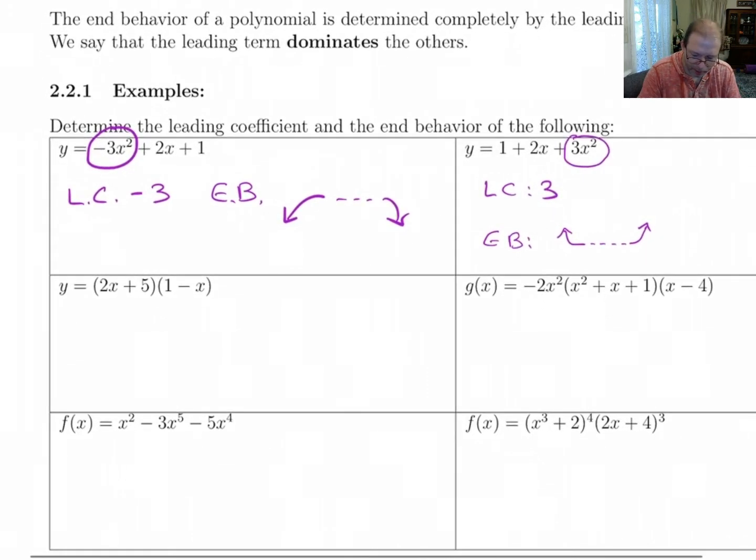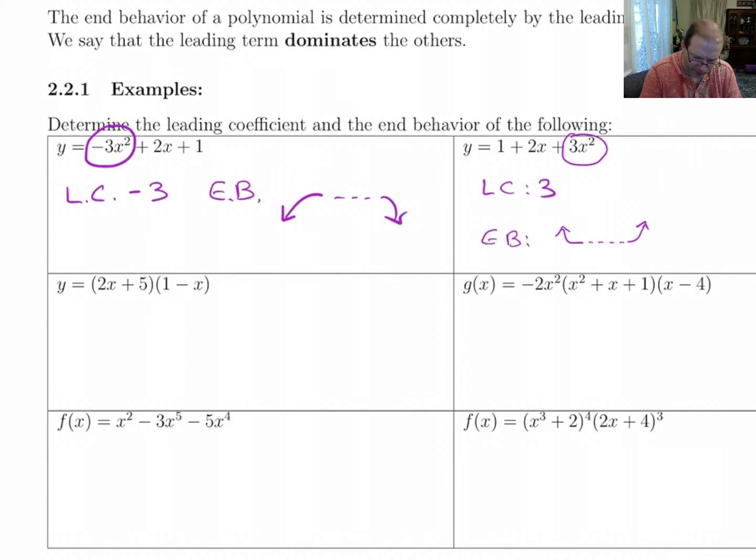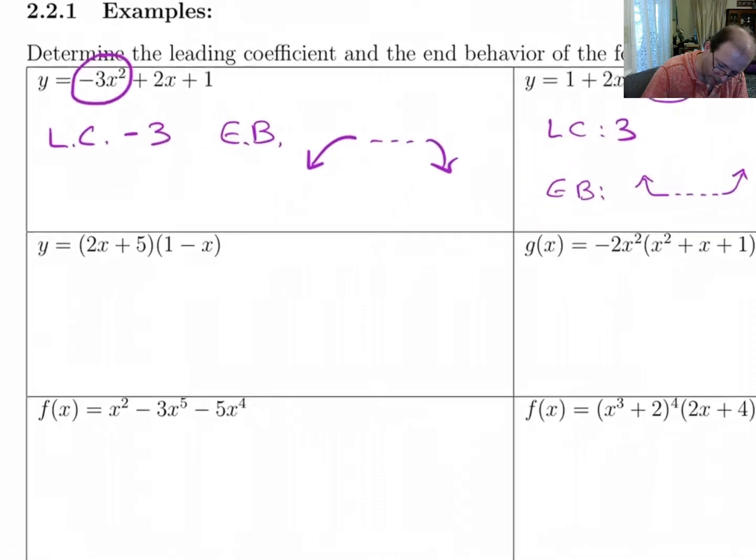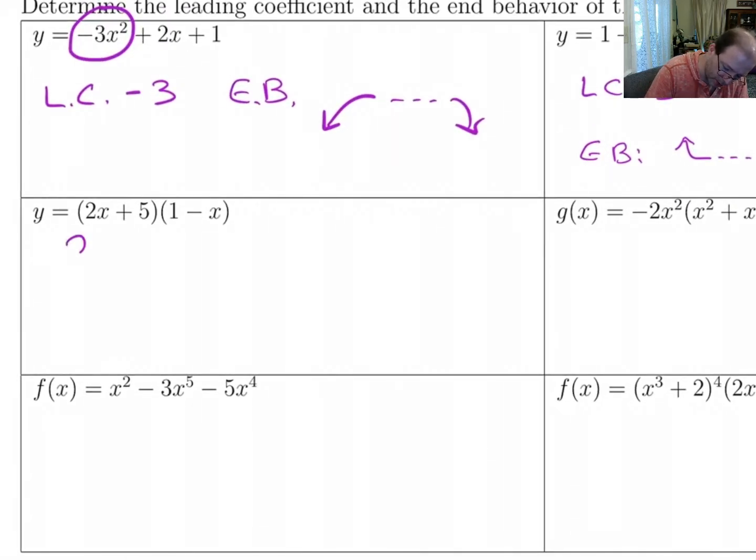All right, this next one, 2x plus 5 times 1 minus x. Now this one, the leading coefficient and the end behavior. Now I could go through and multiply this out, and since this is just a binomial, let's FOIL it and see what we get. Let's see, 2x times 1 minus 2x squared plus 5 minus 5x.